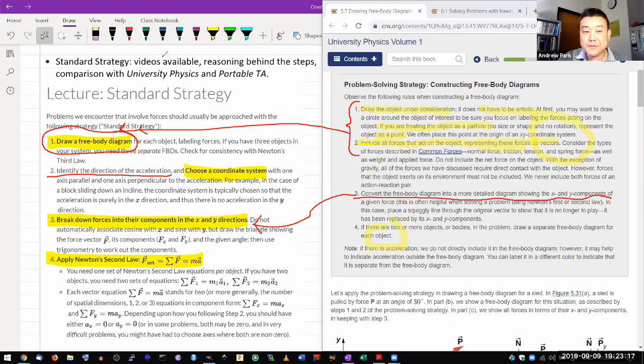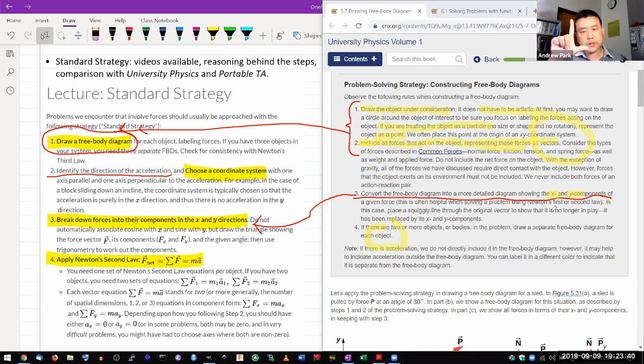Now, here's something that the textbook presumes that you have. X and Y components. You can't really talk about components until you have the axis. If you're always dealing with a straight axis, then it's obvious what the X and Y directions are.